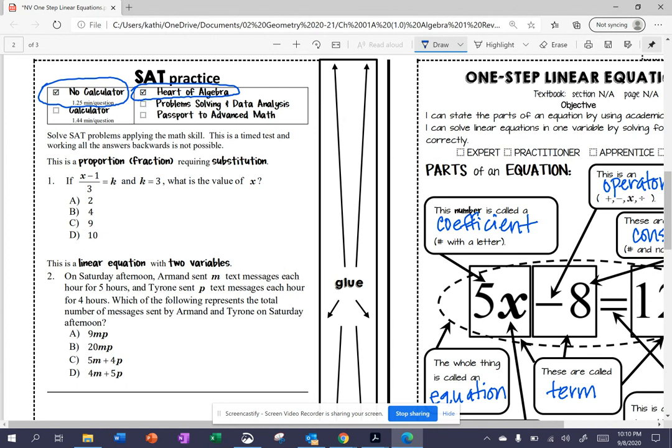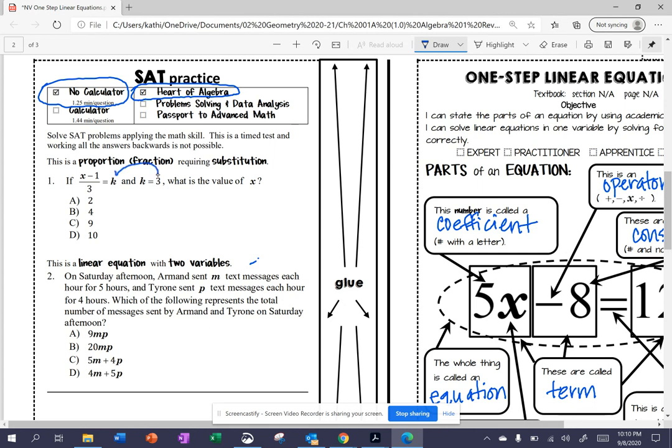So this is a timed test, so we don't have time to work everything backwards. So you're using your math skill. This is a proportional or a fraction requiring substitution example. So if x minus 1 divided by 3 equals k, and k equals 3, what is the value of x?